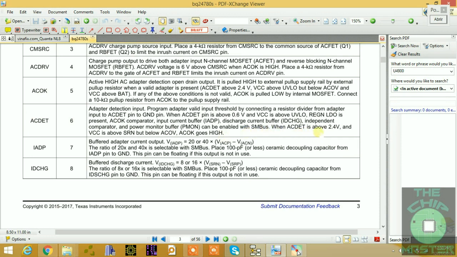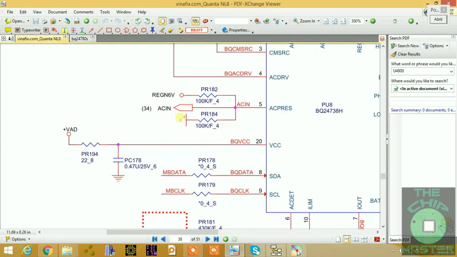AC detect is about 2.4 volt, and VCC is above SRN and below ACOVP, and ACOK goes high, then it will output REGN. So this is your low dropout.